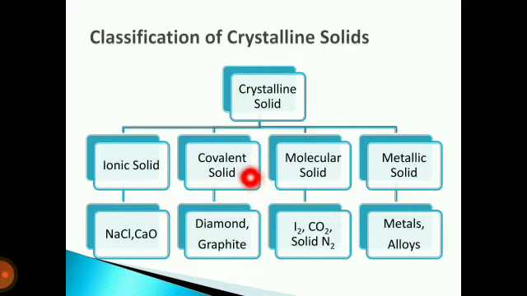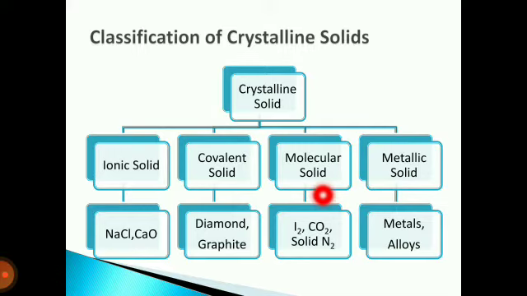Then the second type is covalent solids. Covalent solids consist of an array of atoms arranged in definite geometrical patterns throughout the crystal structure. Examples: diamond, graphite, silicon, etc. In molecular solids, the constituent particles are molecules.